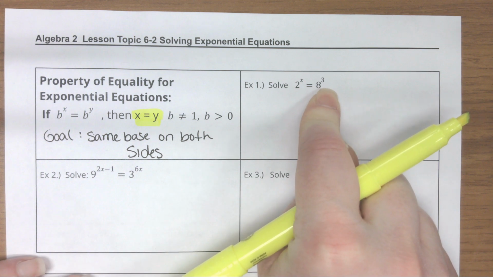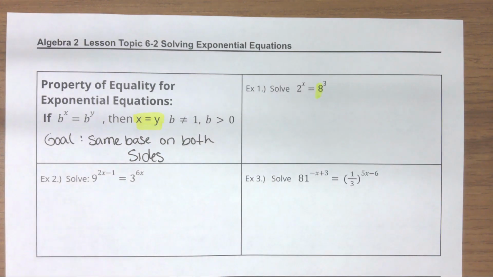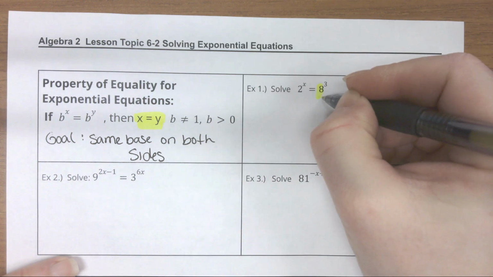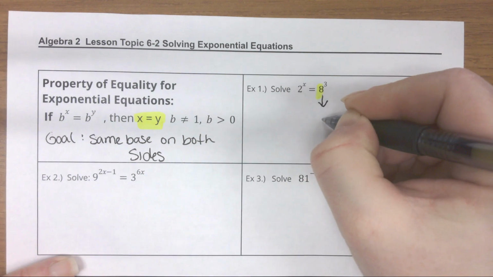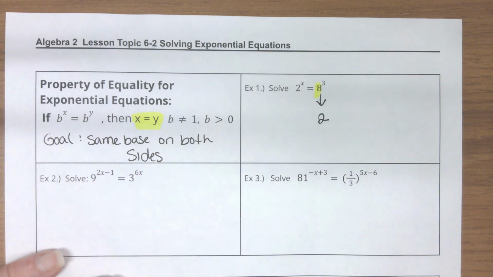And so what we're going to do is try to take, usually it's the larger number, which is the 8, and rewrite that as the base of the other side. So what's the base of the other side? 2. So I'm going to try to take this 8 and write it as 2 to some power. 2 to what power is 8?